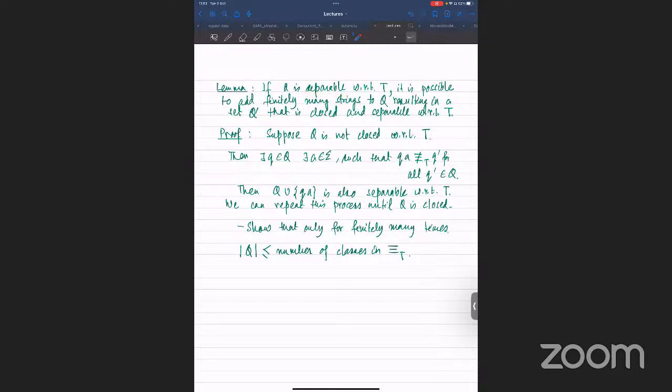Since they're separable, this holds true, right? And what do we know? This is less than or equal to the number of classes in IL, the indistinguishability relation, right? Since the language L is regular, finite, since L is regular. Correct?